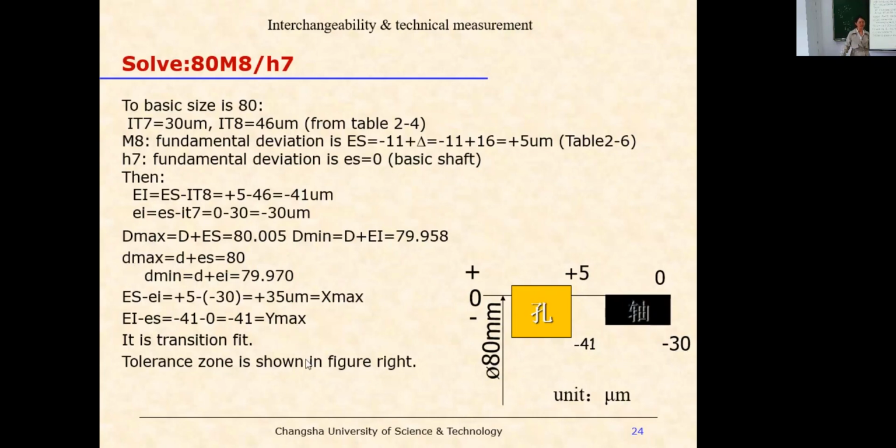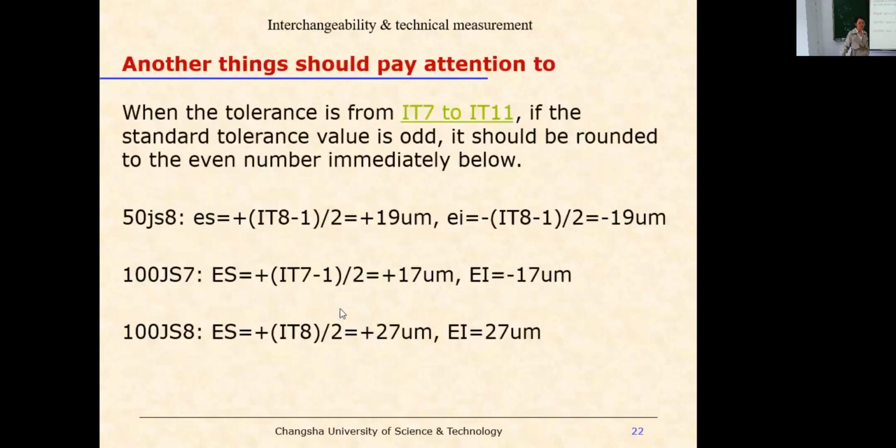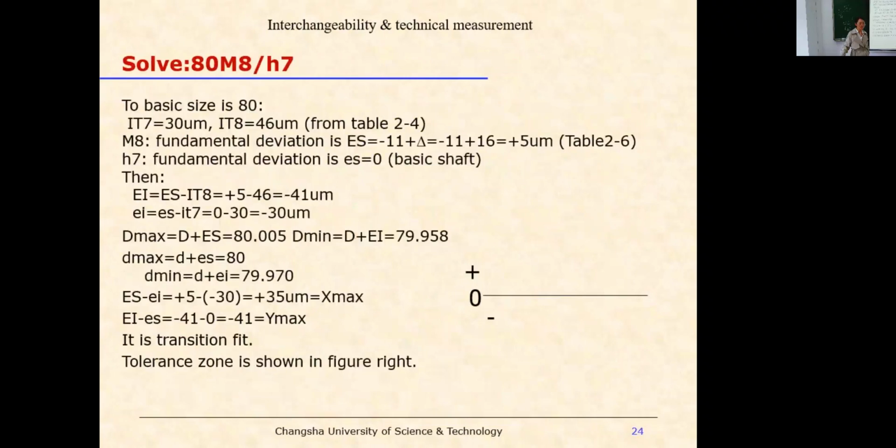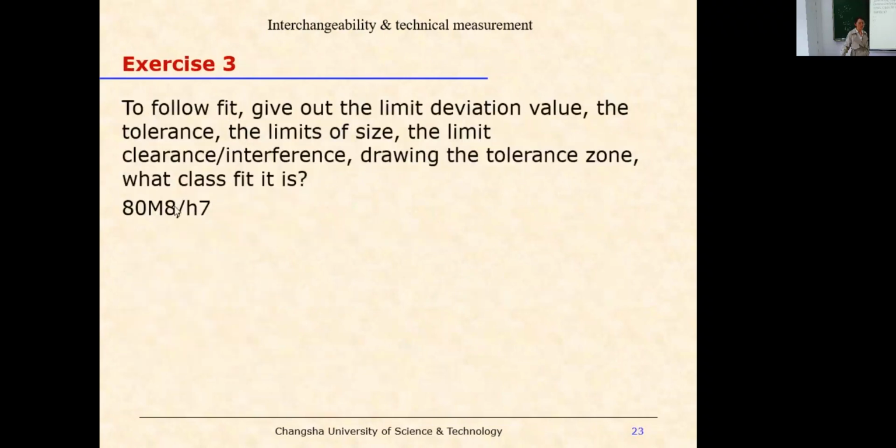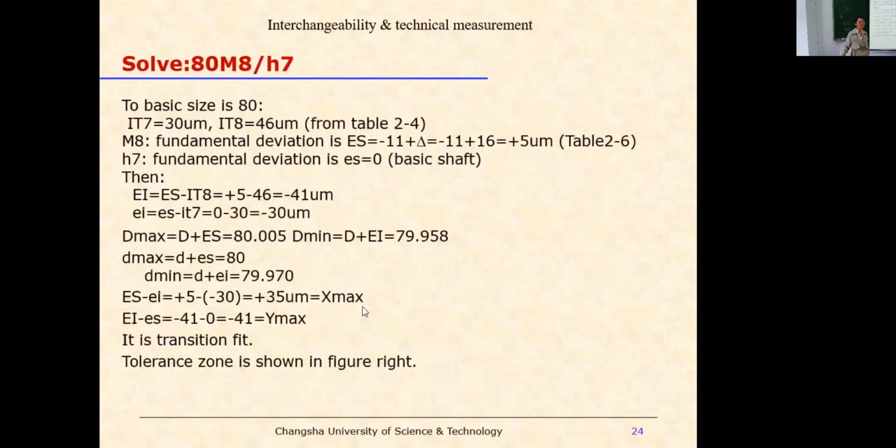It's very easy, right? So this is the transition fit. This means that when I give you this one, you should know its tolerance zone and its pressure value.